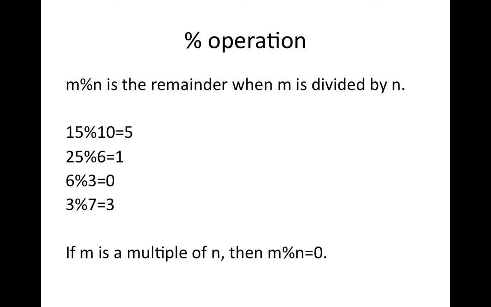Okay, the last operation takes some getting used to because it's not a standard operation. It's the remainder operation, and the symbol is the percentage sign. So simply, m percentage n is the remainder when you take m and divide it by n. So here are some examples. 15 percentage 10 equals 5.